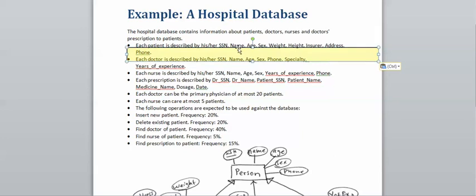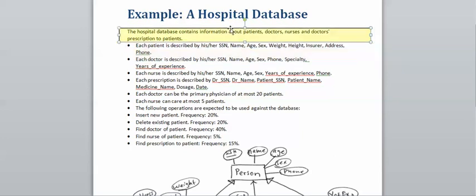Okay, so again, we read and we pause, highlighting what I'm reading. The hospital database contains information about patients, doctors, nurses, and doctors' prescriptions to patients. This gives us an idea of what the entities will be, but we don't really know about relationships and attributes.